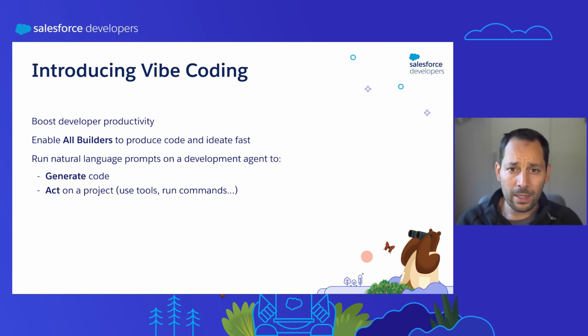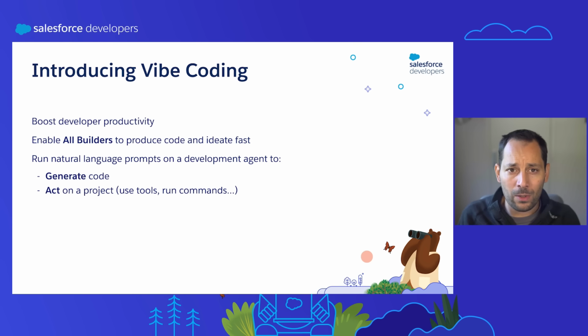So what is enterprise vibe coding? Before we go into the enterprise part of it, I just want to do a quick introduction to vibe coding. So vibe coding is a set of tools and techniques which aim to boost developer productivity. It enables all builders, whether they're pro code or low code, to produce code and ideate fast.